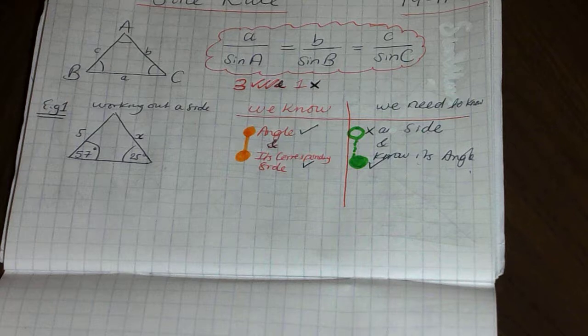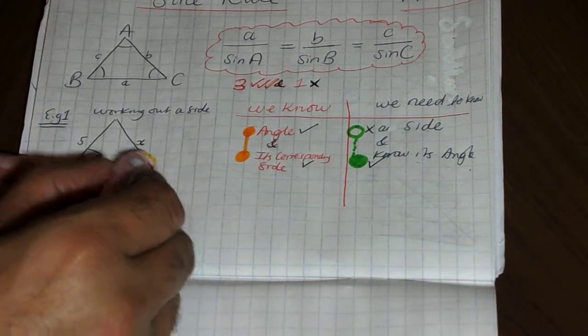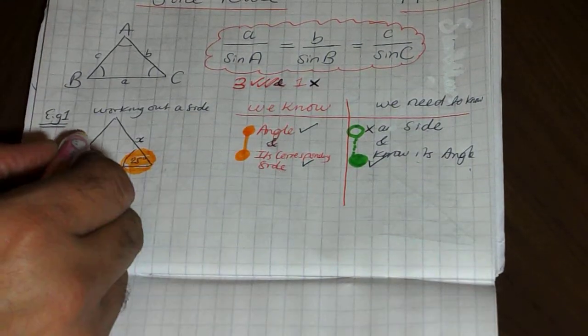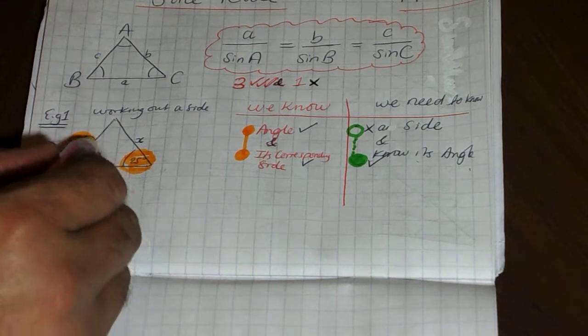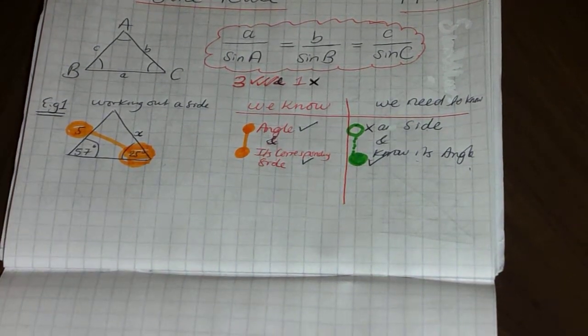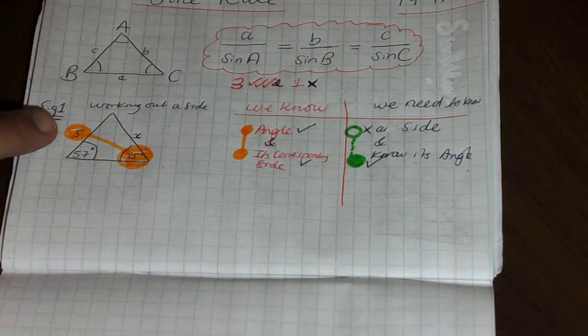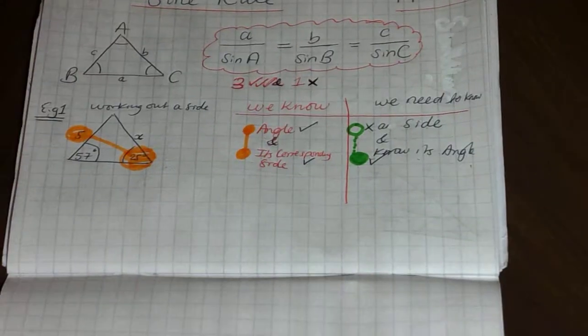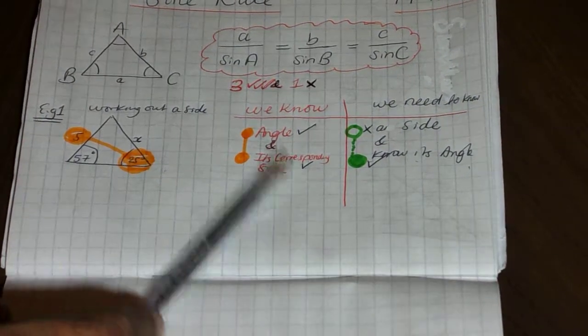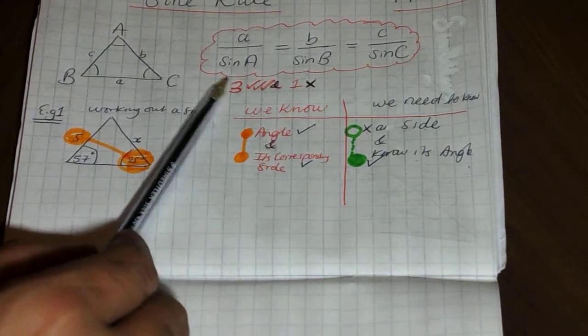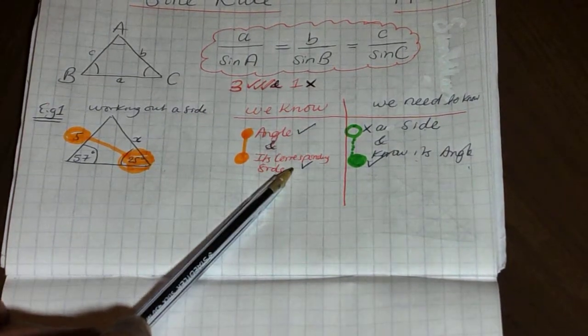I'm going to use color codes. I'm going to circle this one and circle that, and join them together as though they were dumbbells. So that's 5. We know both these pieces of information. So this system uses 3 ticks and a cross. So here's the first 2 ticks.